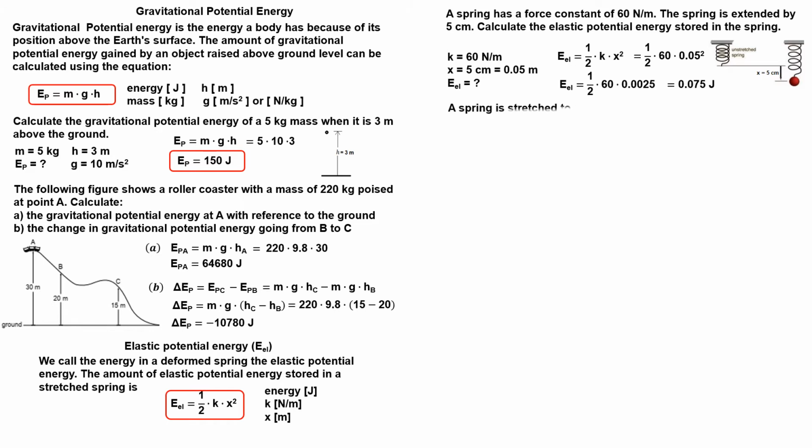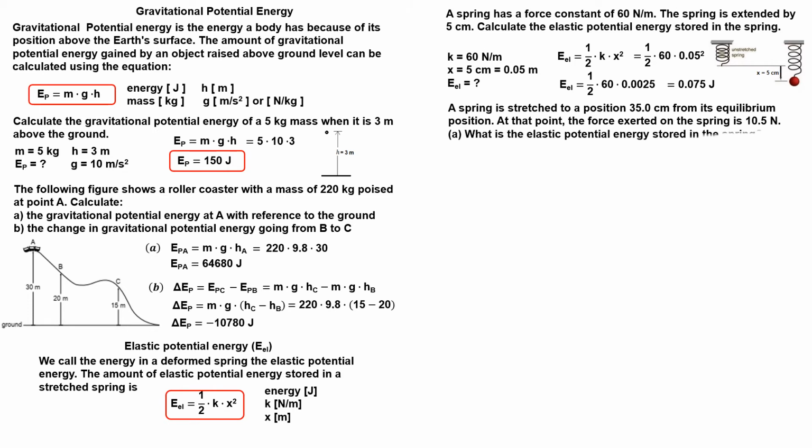A spring is stretched to a position 35 centimeters from its equilibrium position. At that point, the force exerted on the spring is 10.5 newtons. What is the elastic potential energy stored in the spring? To find the elastic potential energy stored in the spring, we first calculate the value for k, the elastic constant for the spring, using Hooke's law.